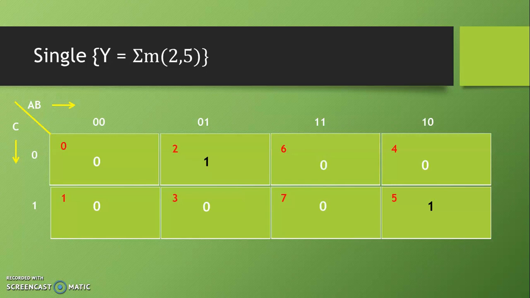Now we have to make a group, but you can observe that a pair is not possible. We have only 2 ones, but a pair is not possible because they are far away. So this is a single group, and another group that is also a single group. This way we can prepare groups of single ones.